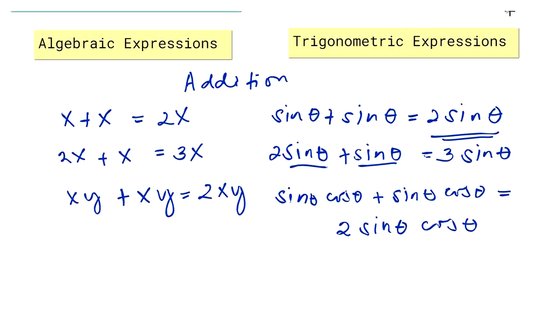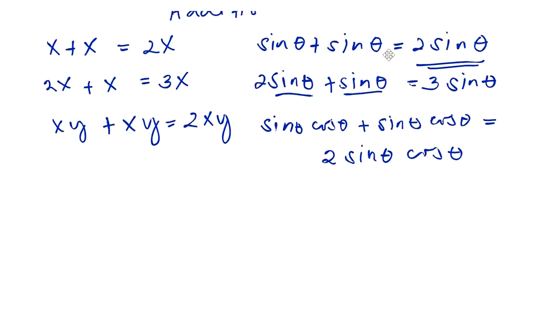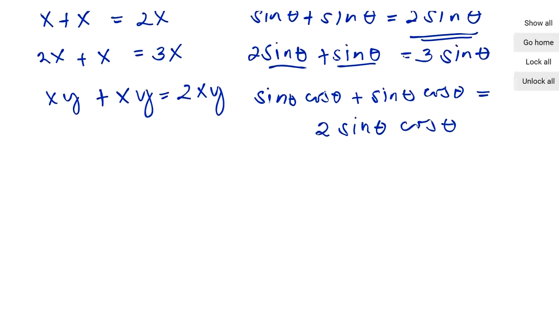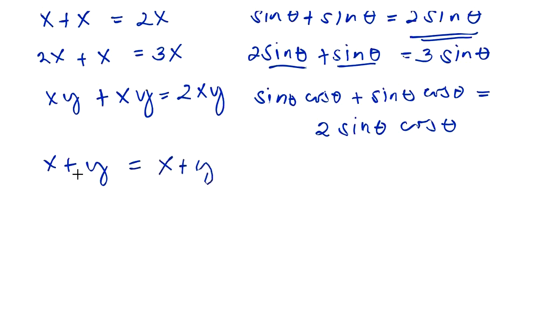Eh, how about this one? Let's have x plus y. O, magkaiba sila ng variable. Ibig sabihin, pag in-add mo yan, x plus y pa din. Hindi mo naman sila pwedeng combine kasi unlike terms sila.